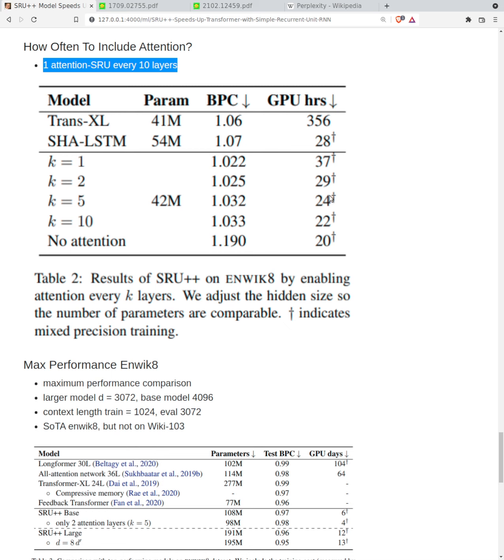And I think it should be going down basically linearly, because you are dividing the compute by 10. Yeah, okay, never mind. So the compute goes down as you have less attention, while BPC is getting worse, right?